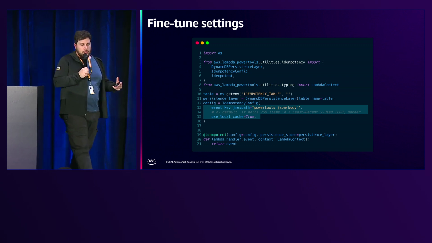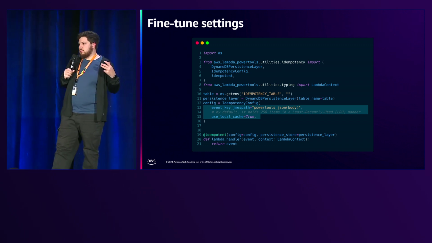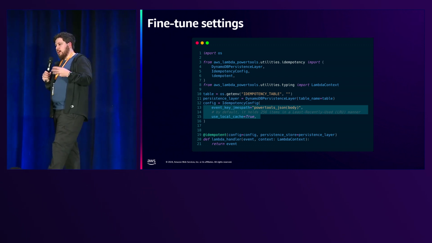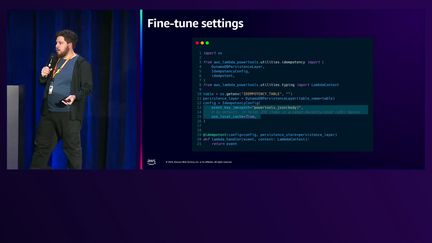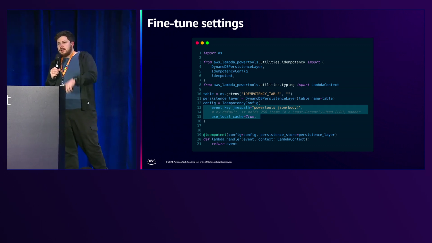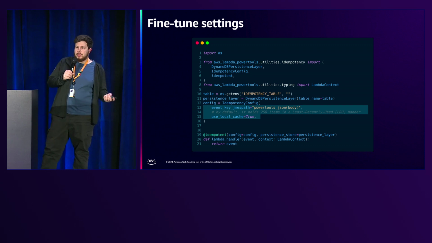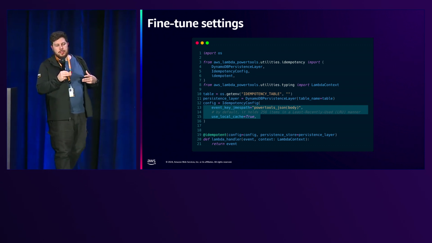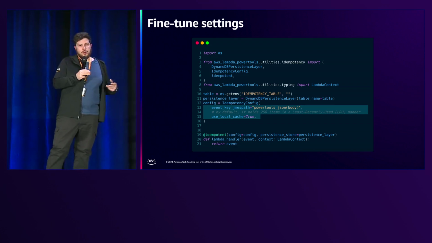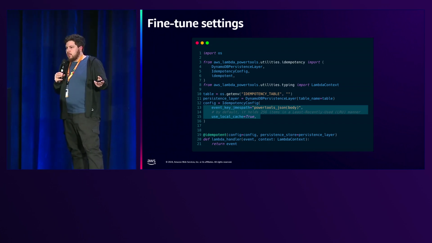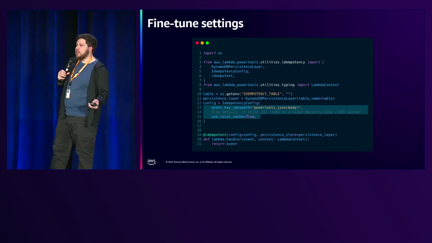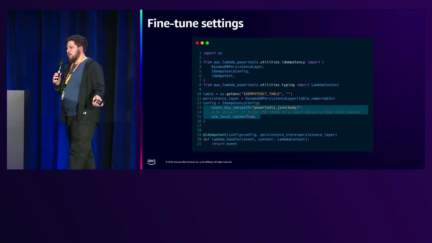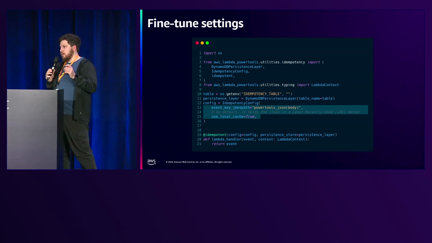For example, you can use functions like Powertools JSON, which is a custom function in the JMESPath module that does the parsing for you and transforms it into a dictionary. What I'm trying to say here is that we have different utilities that allow you to parse different types of data formats. We support base64 encoding, JSON, and you can also provide your own transformation.